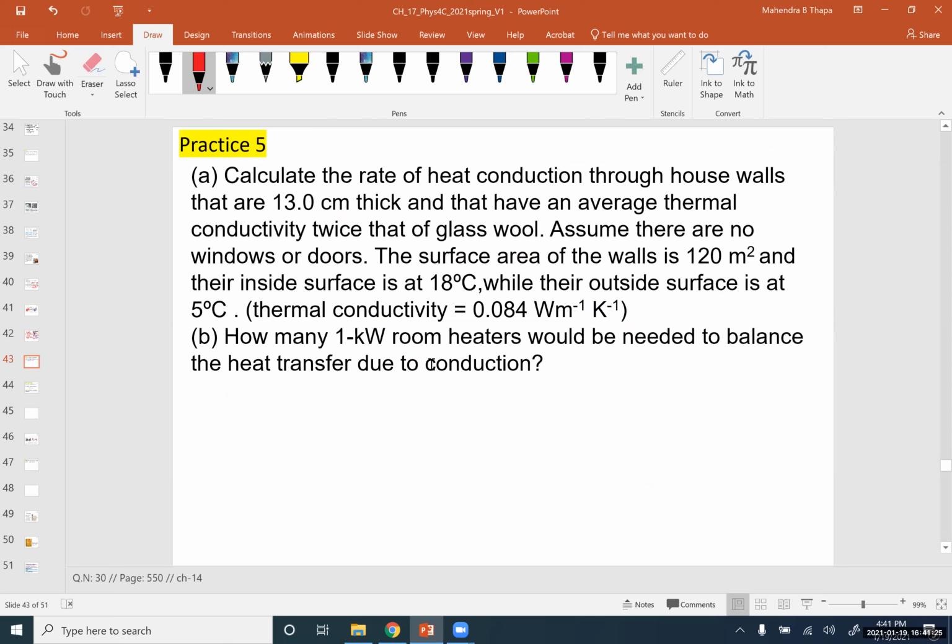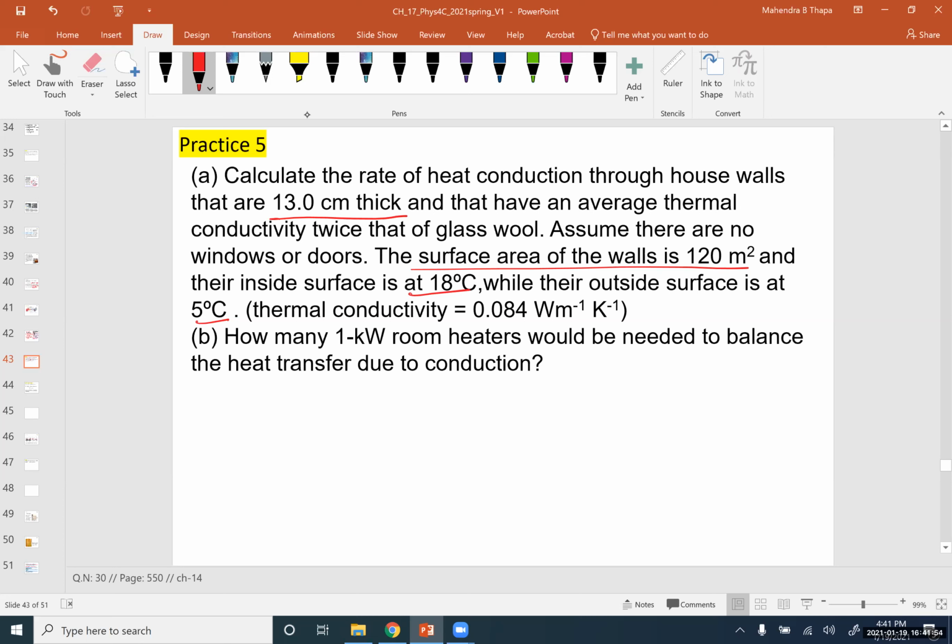So you can try this problem. In this problem, they give you that the house wall is 13 centimeter thick, and other information like the surface area of the wall, the inside temperature, the outside temperature, and the thermal conductivity.